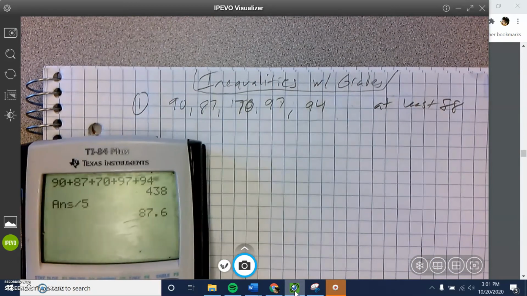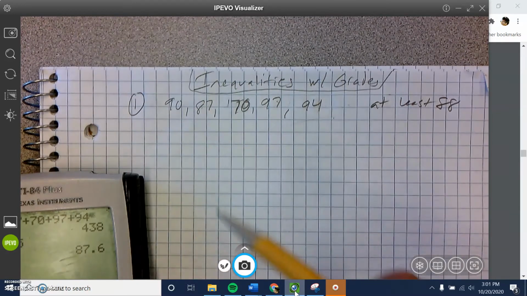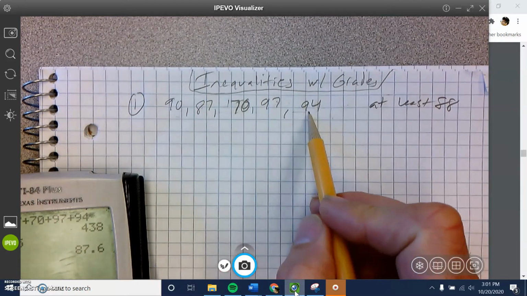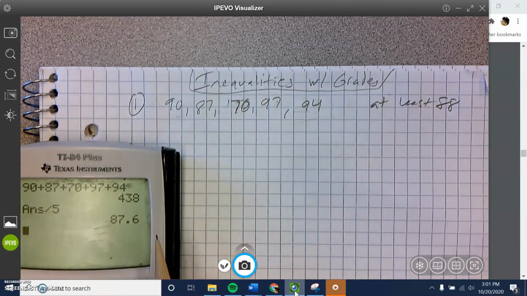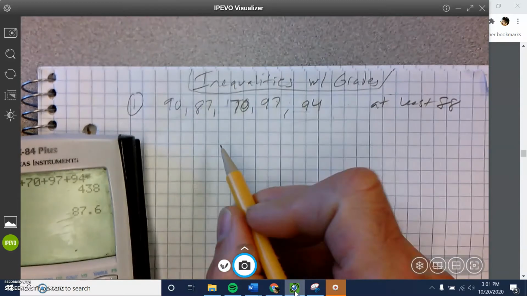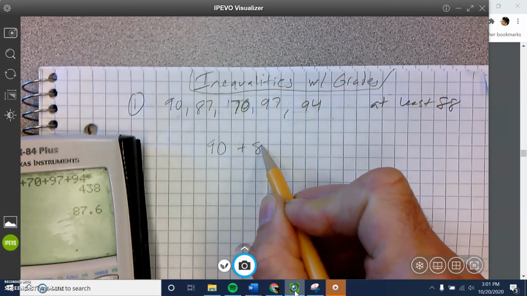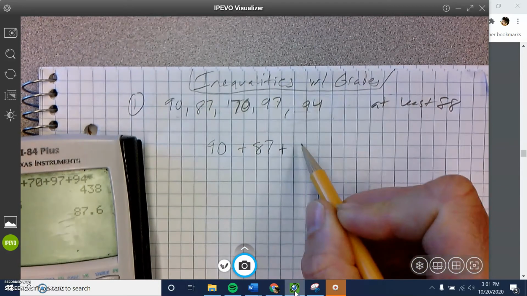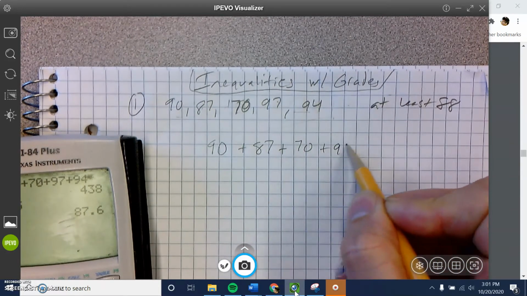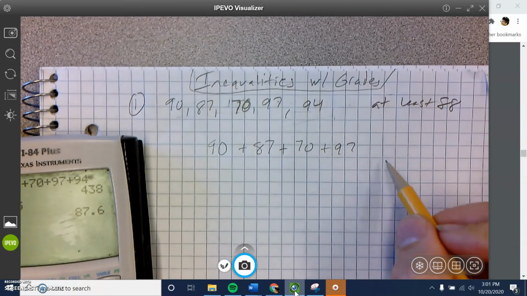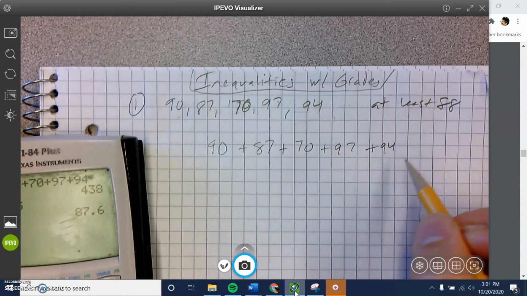So this is what we're going to do to find this. In order to find the average, you add up what you have, and then you divide by the number. This is what the setup looks like. Write this down with me: 90 plus 87 plus 70 plus 97 plus 94.